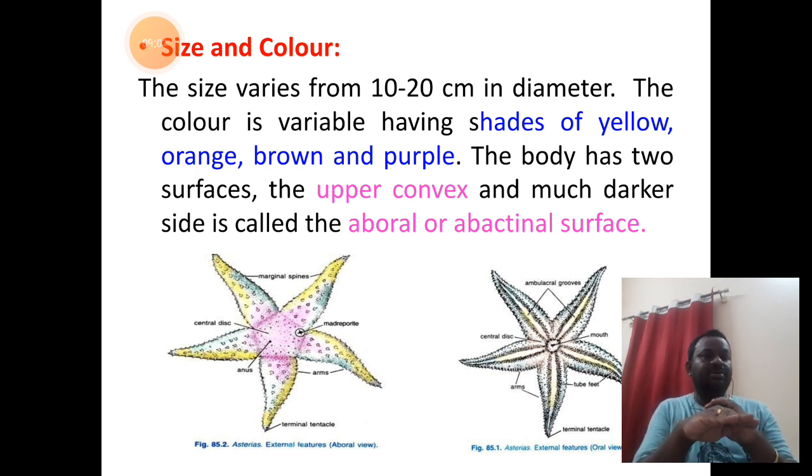This region, which is seen facing upward, is called the aboral or abactinal surface. Right towards the left side is the picture depicting the aboral view of the starfish, whereas the right side of the slide is the picture depicting the sea star towards the oral surface where the mouth is seen.